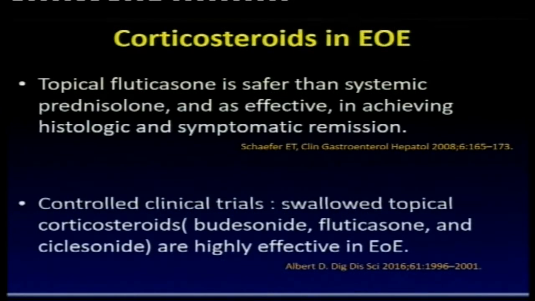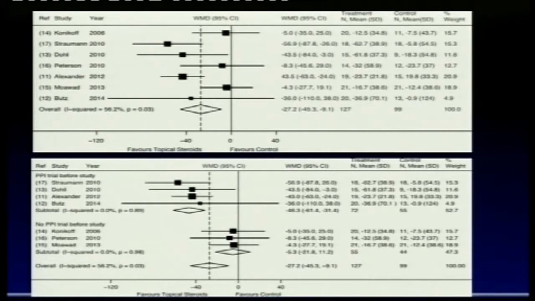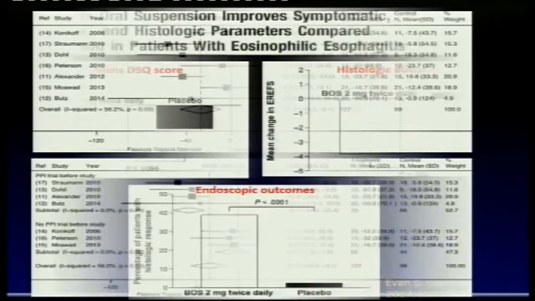So topical steroid is safer, and you can use different kinds of topical cortisone. This meta-analysis shows results that favor the steroid, not only symptomatic response, even histological response and endoscopic response. This is another meta-analysis, showing that results favor the topical steroid rather than control.